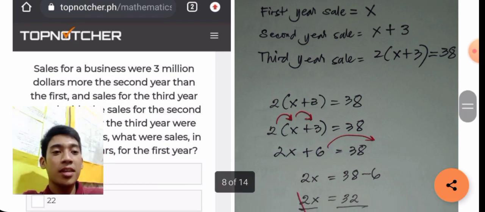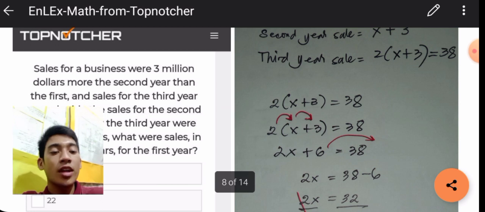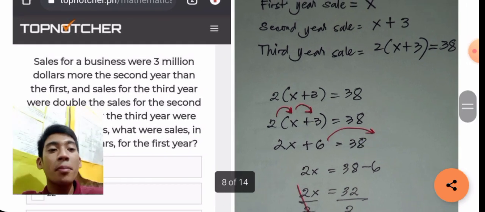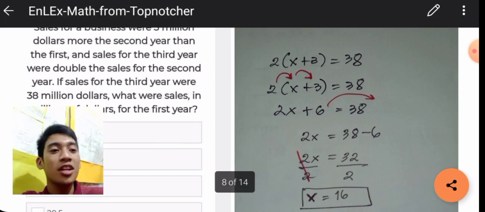So simply distribute 2 to the quantity x plus 3. 2 times x gives 2x, 2 times positive 3 gives positive 6, equals 38. Then transpose 6 together with 38, combining all constants, leaving 2x.